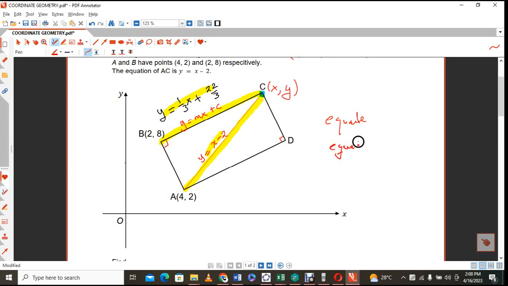equation, just don't mind my handwriting, it's rather terrible.